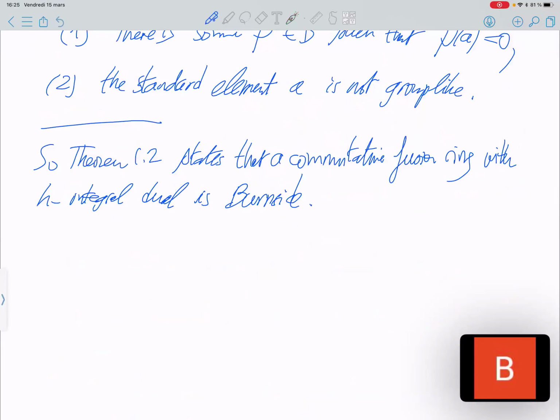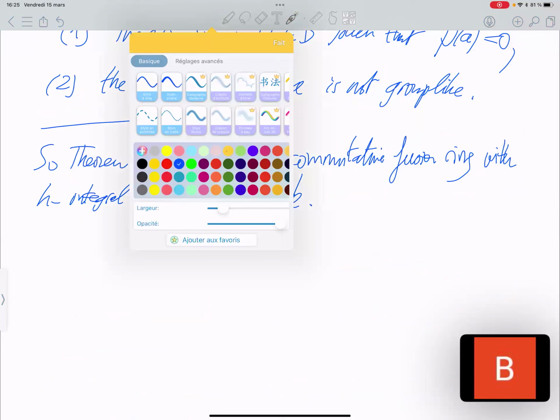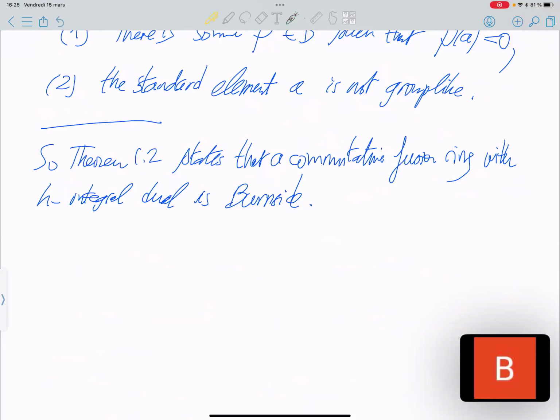So let me write just that. Exercise. I guess it's very easy. We need to check that FPdim(A) equal 1 implies mu(A) different from 0 for all mu in B.